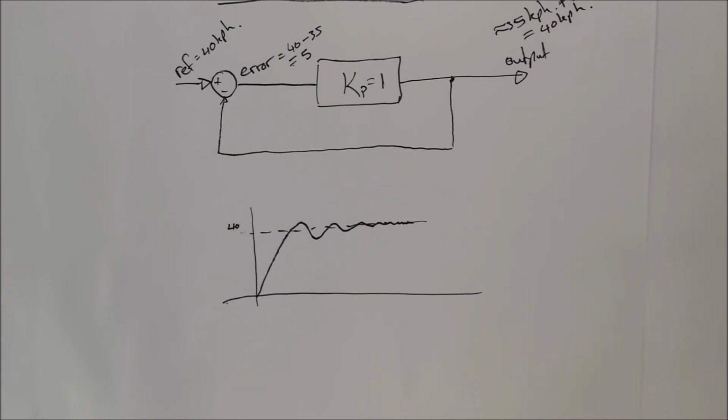The accelerator, the gas pedal, you will push down, and that will increase the speed, which then allows you to keep that 40 kilometers per hour value.